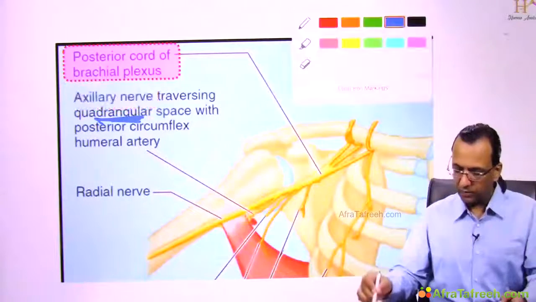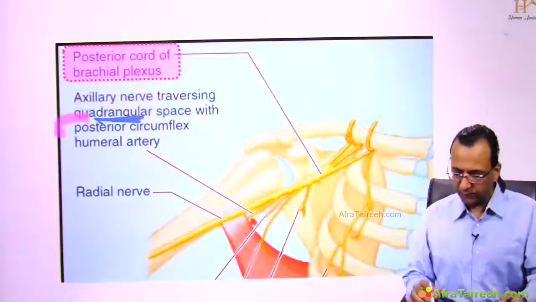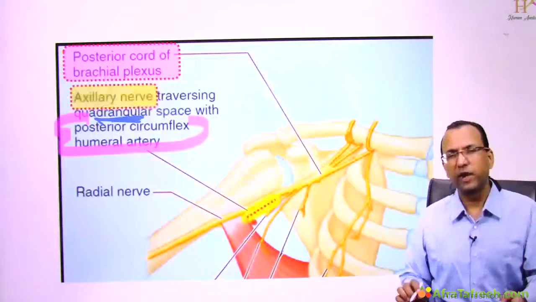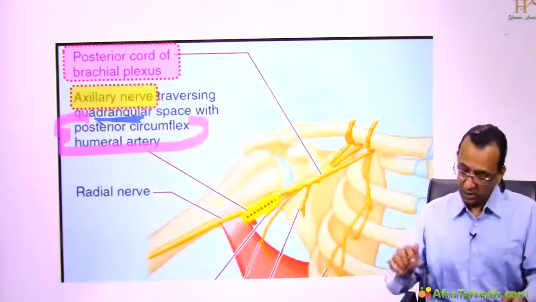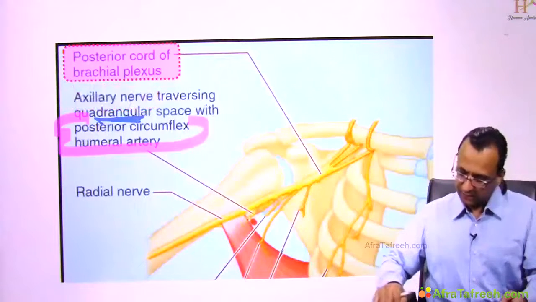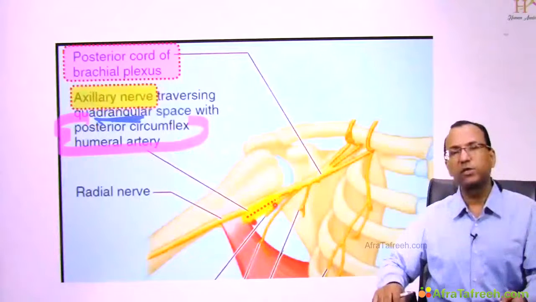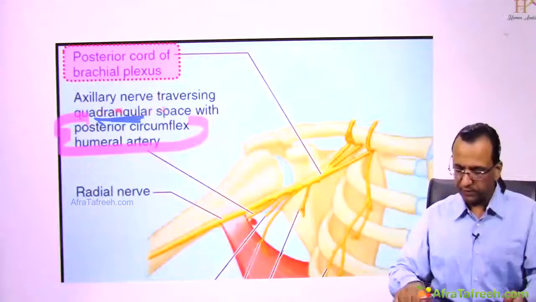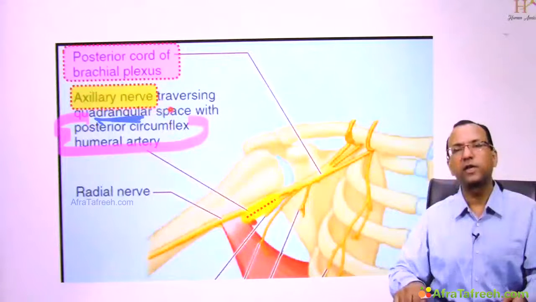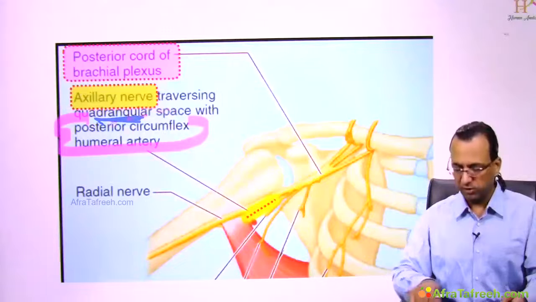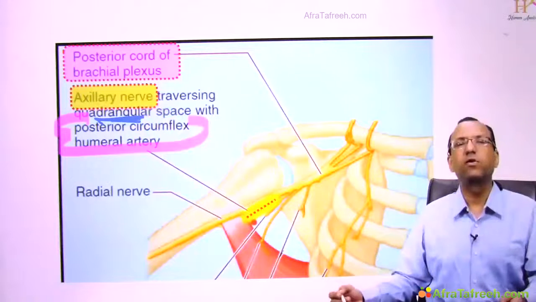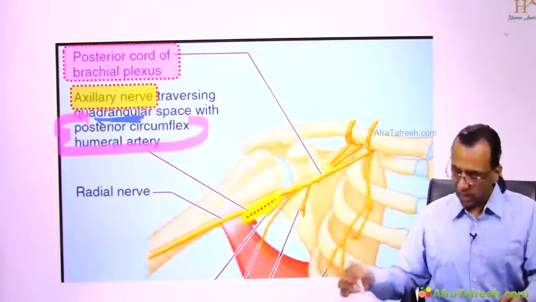That is the posterior circumflex humeral artery, a branch of the axillary artery. Both of them are in the quadrangular space, then they go to the surgical neck of the humerus.